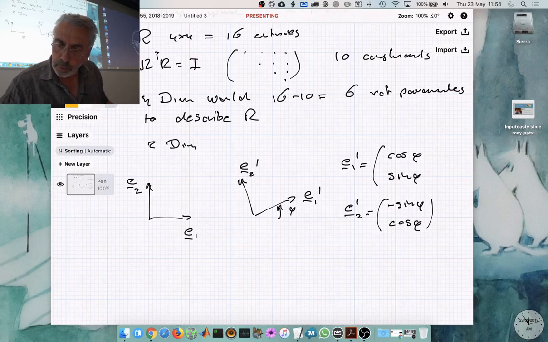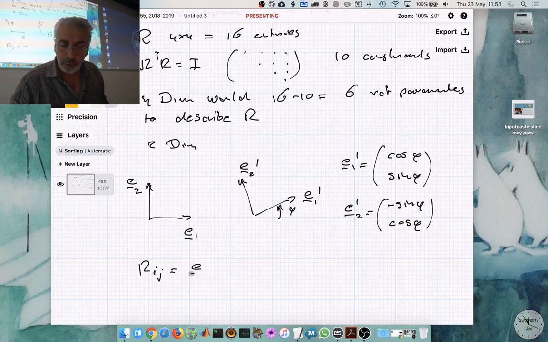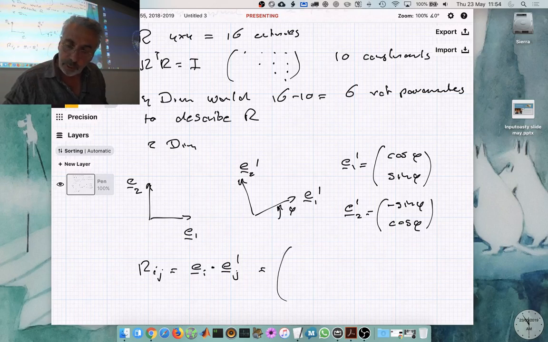And the E2 prime has a minus sine phi, and in the y direction I have cosine phi. And now, constructing the rotation matrix Rij is actually super simple, because by definition it was the dot product of this guy and the prime guy. So let's do it. The first entry is E1, so that's the 1, 0, dot product with the cosine phi, sine phi vector.